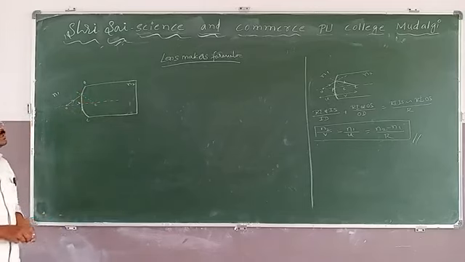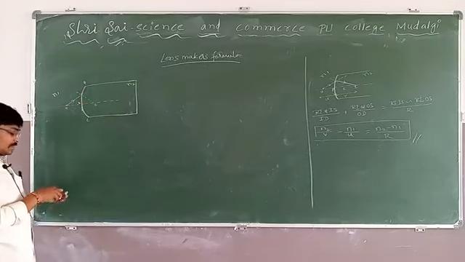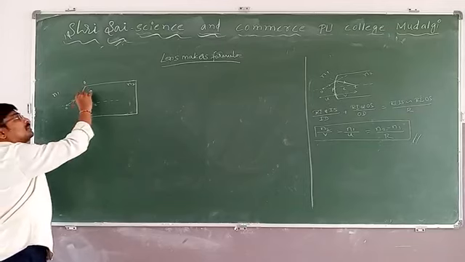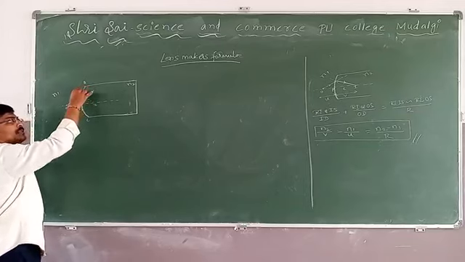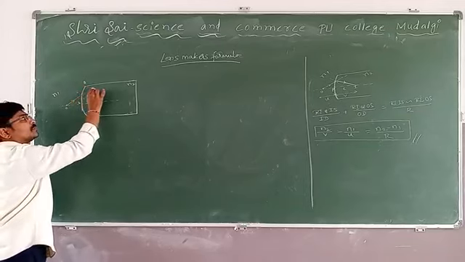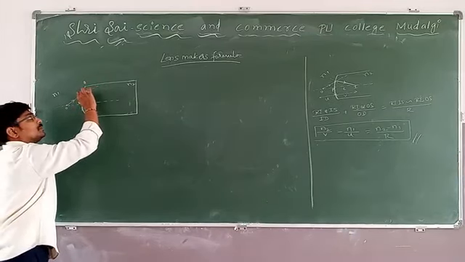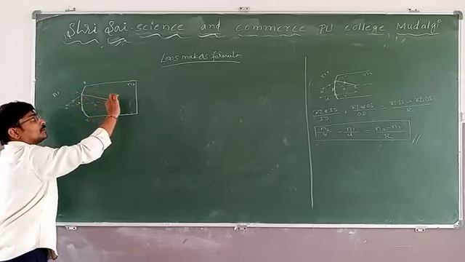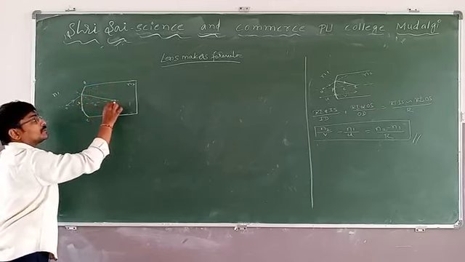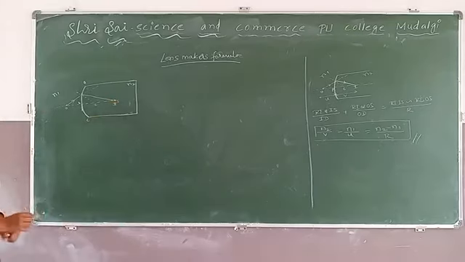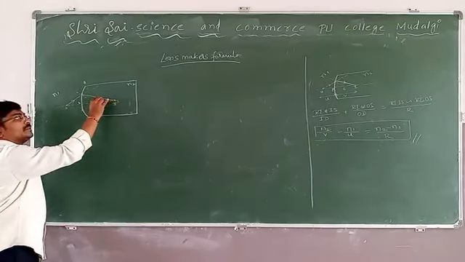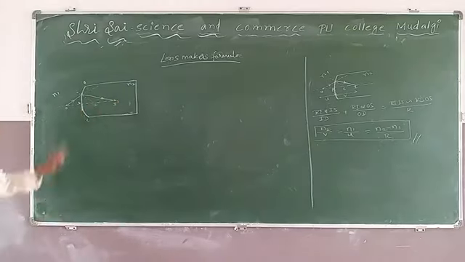Just imagine after refraction, if this surface is not there, then it will move like this. But because of this surface, it will form an image at this point, I dash. Remember, I dash is the image formation. Fine.